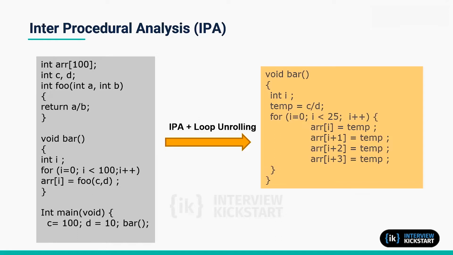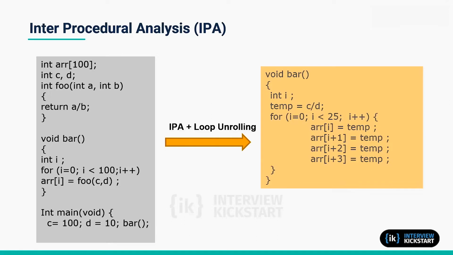Now foo itself does very little. It's just returning a by b, integer division of a by b, and the result is stored in the array.